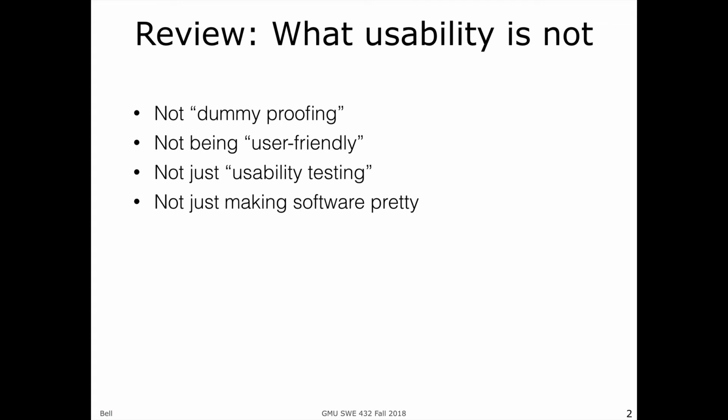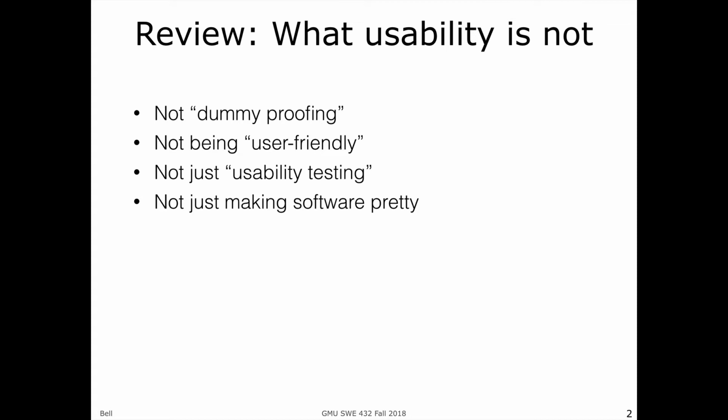As a review from Monday, we talked about usability, and how usability was a lot more than just dummy proofing or being user-friendly or just testing things or making things look pretty, but usability really encompassed all of these different factors that came together to make software usable, for lack of a better term.